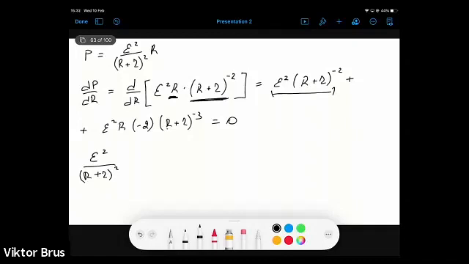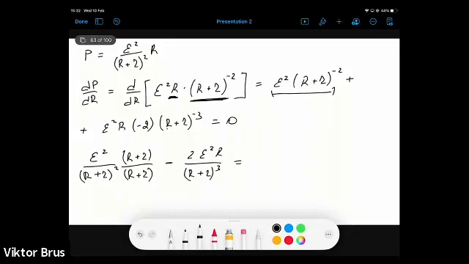Then we multiply and divide by (R plus r). We do this in order to have in our denominator also the power of 3, so we have the same denominators. Minus 2 epsilon square times R divided by (R plus r) in the power of 3. We take into account this minus.